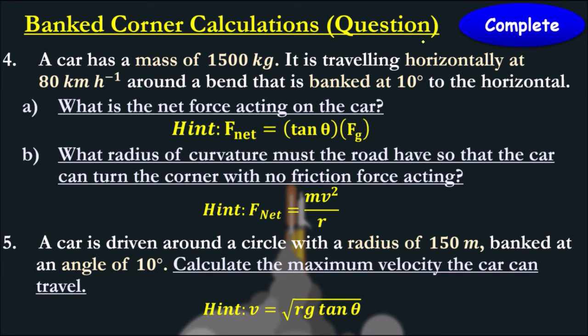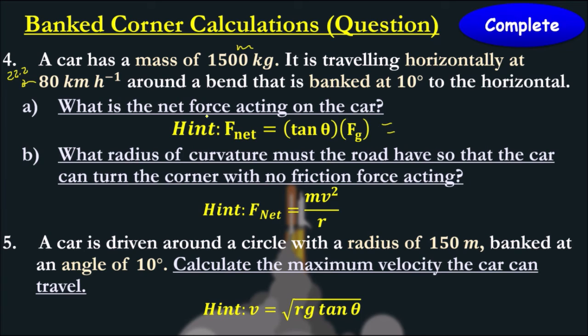All right, and our last example. So we have a car with a mass of 1,500 kilograms, horizontal speed of 80 kilometers per hour. So make sure you convert that into meters per second. You should find, if you divide by 3.6, the golden number, you have a velocity of about 22.2.